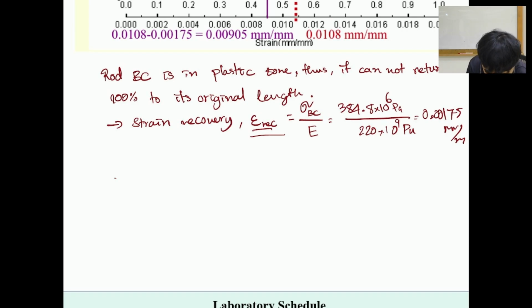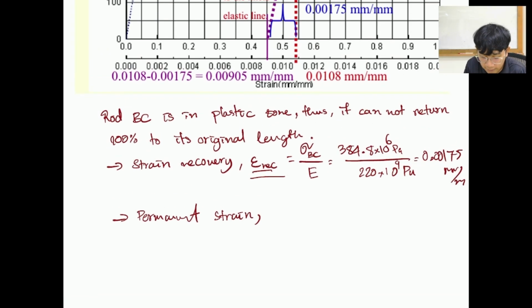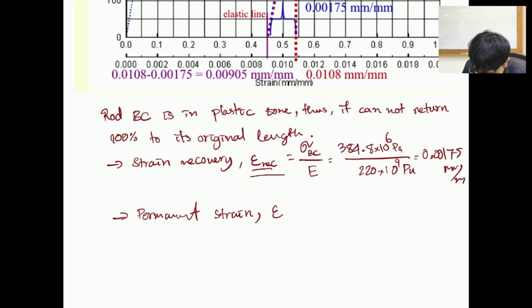And then what we need to do next is we need to find the permanent strain. So the permanent strain is the strain that cannot be returned back, which means equal to strain from the curve, strain BC from the curve, minus the recovery over here.